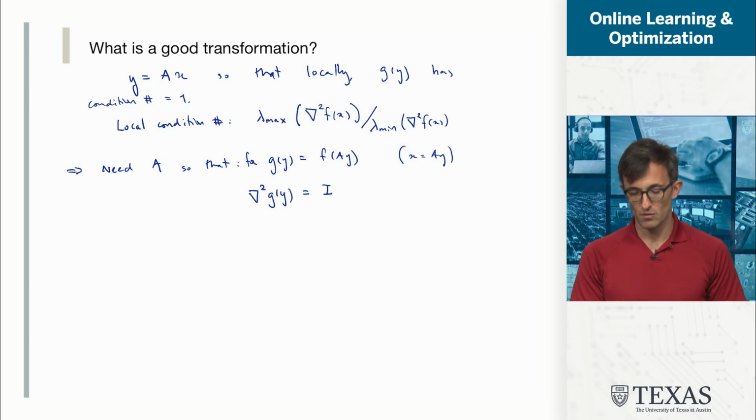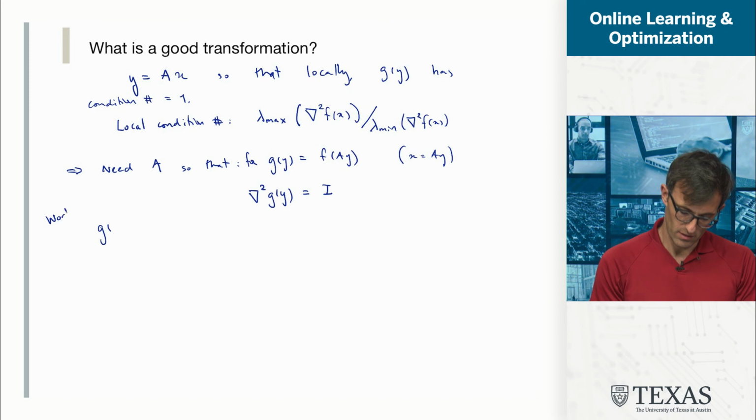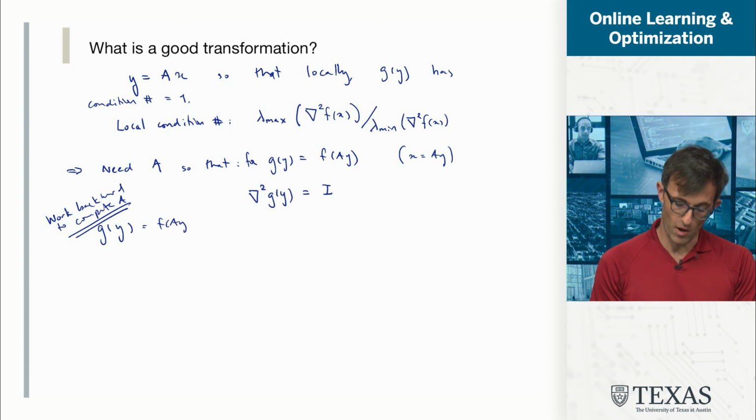So since we have our goal, let's work backwards and compute what A should be. G of y is equal to f of Ay.